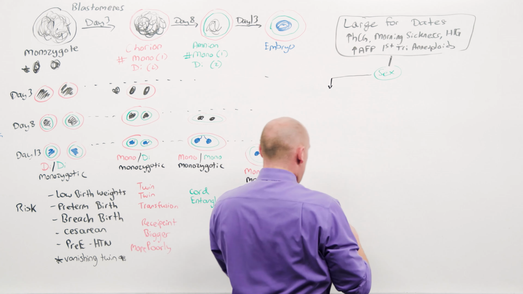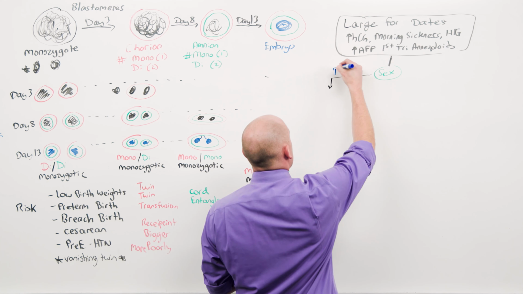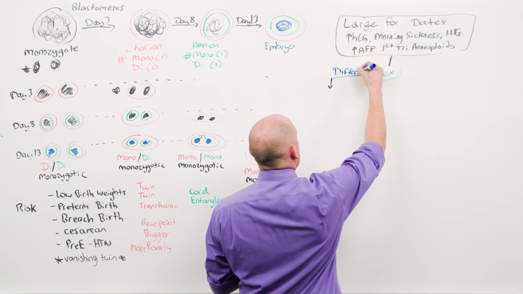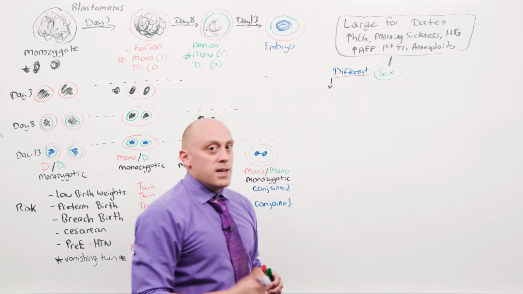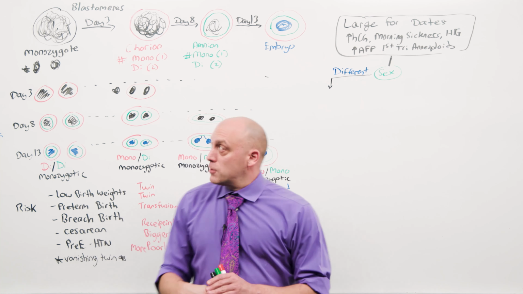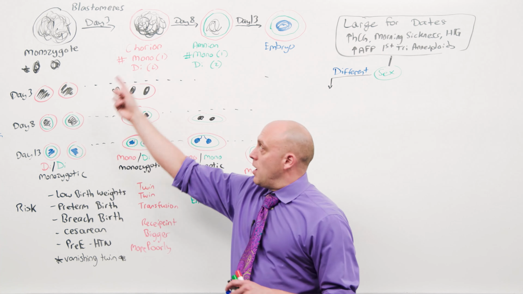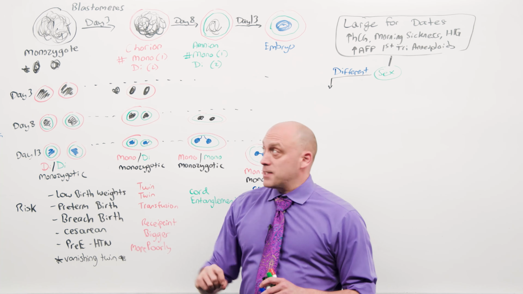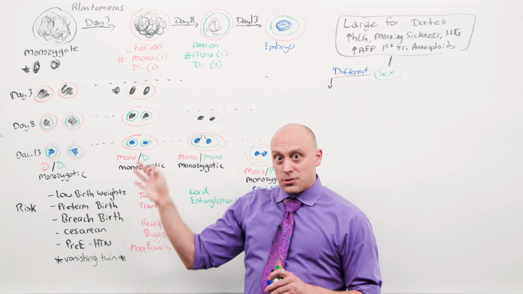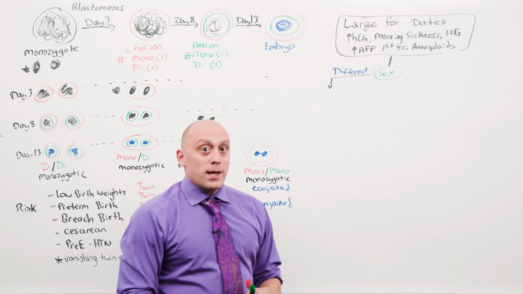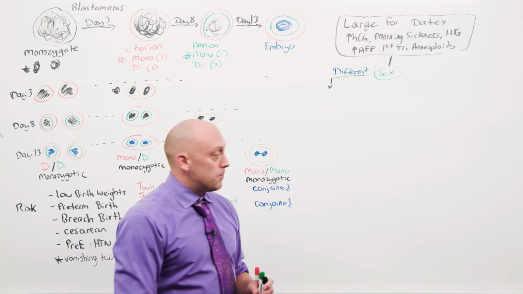If the sexes are different, it means that they have non-identical DNA. Monozygotic twins have exactly the same DNA because they came from one zygote. They're identical twins, and therefore cannot have different sex.